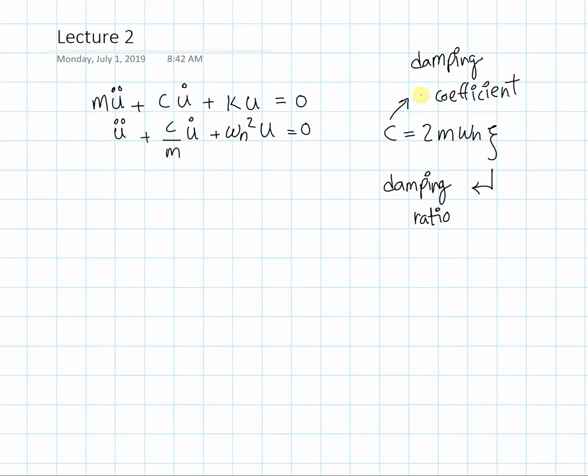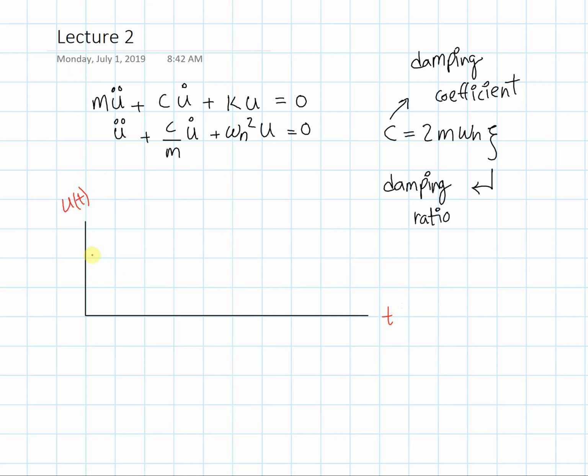Alright, so now what does this damping ratio mean? To do that, I need to first draw a plot. Let's say I have a dynamical system which develops over time. So I have u(t) on the vertical axis and I have t on the horizontal axis.